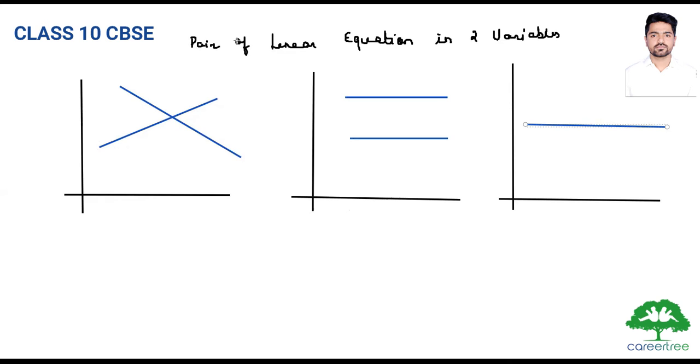One on top of the other will always be called coincident lines. Like this green line is on top of the blue. So these are intersecting lines.